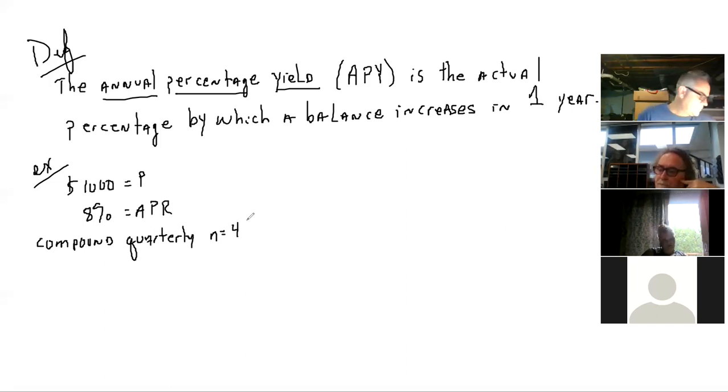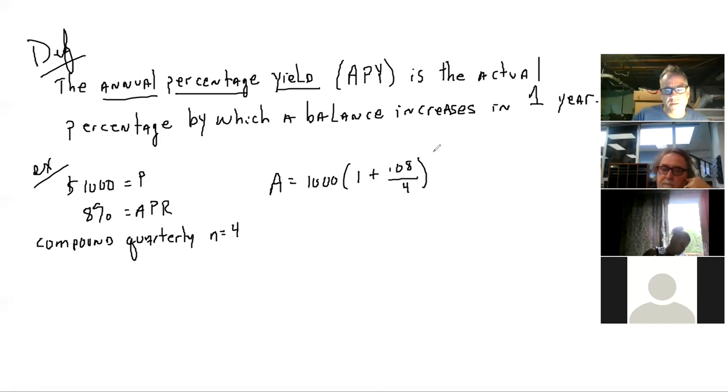All right. So after 1 year, if we compounded quarterly, you would have 1,000 times 1 plus 0.08 divided by 4. And then up here, and we're just figuring up for that first year. We're doing this on an annual basis. So 4 times 1. Y would be 1, N is 4.